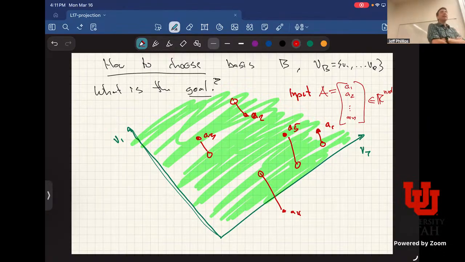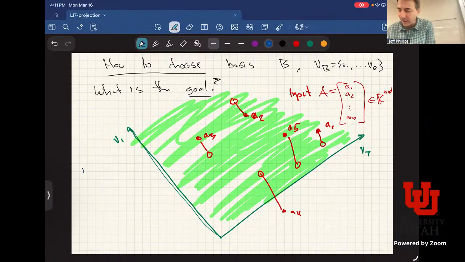What does good mean? What do I want with the projection? If I have to project them very far, if this length is very long, that seems not as good as if the length was short. A short projection is probably better. I have a better representation of the original vector if I don't have to move it very far. So I want these lengths to be small.